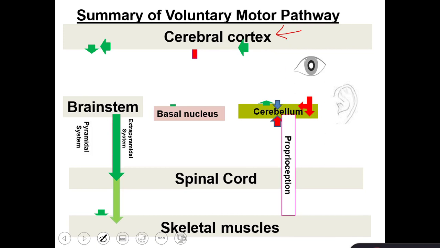Now, the cerebellum will compare the actual movement with the planned movement and try to match them and correct any errors. So it gets that corrected back to the cerebral cortex. Then it goes down with the pyramidal system down to the moving muscles to fix any errors.